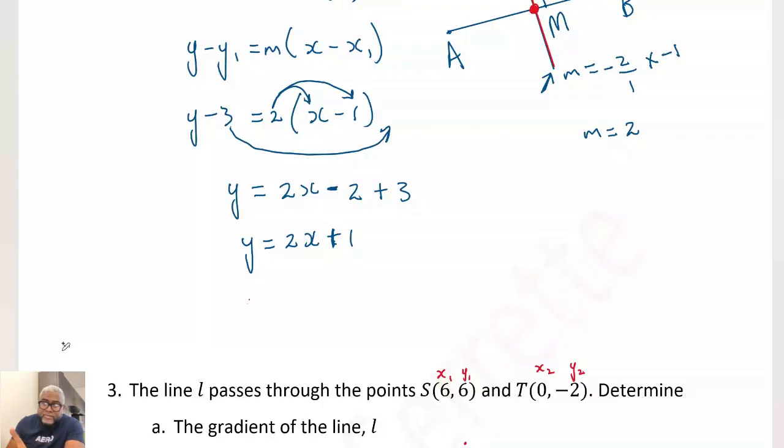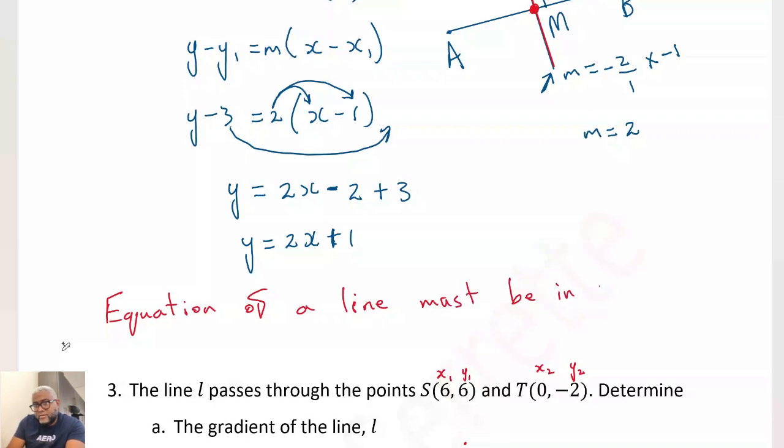Hollister. Yes, sir. When you write the equation of a line, what's the form? I can't remember. Y is equal to mx plus c. Pick up yourself, sister. Right? You knew that, right? Y is equal to mx plus c.